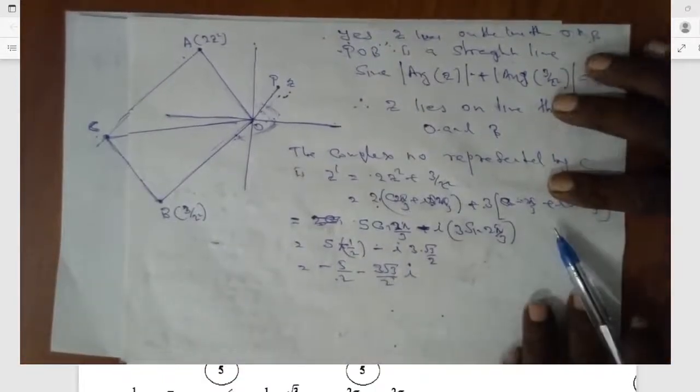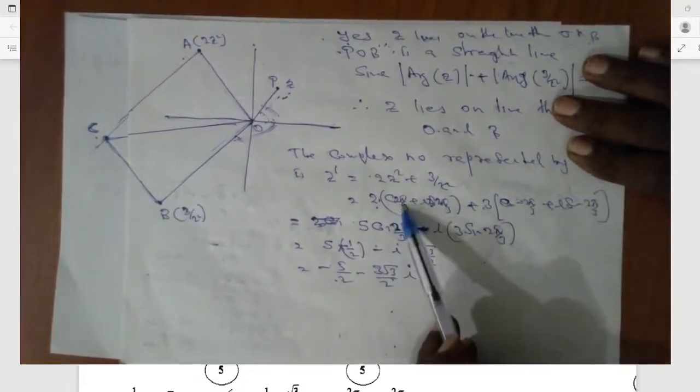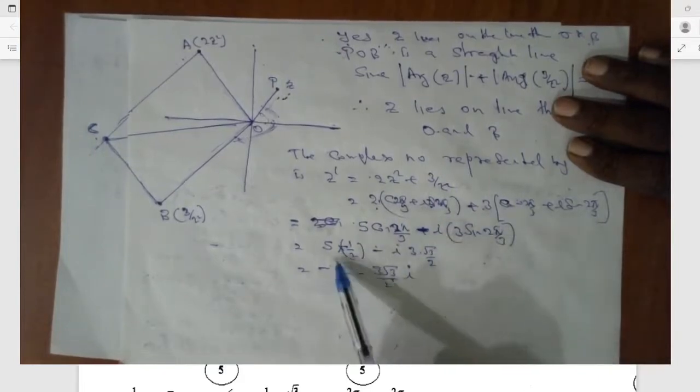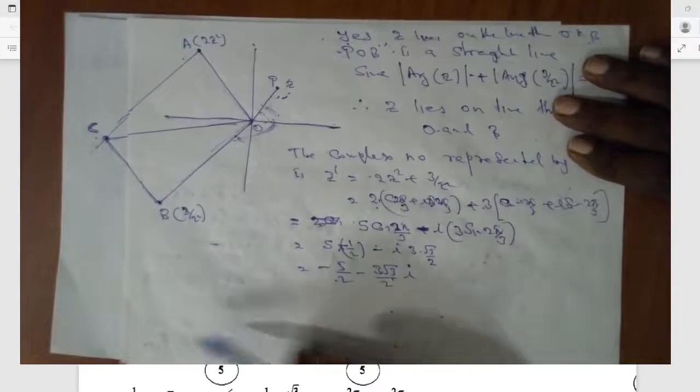So this is a complex number, right? You can simplify. First you substitute the polar form and put values for cos 2 pi by 3 and sin 2 pi by 3. Right? Then you get minus pi by 2 times minus 3 root 3 i by 2.